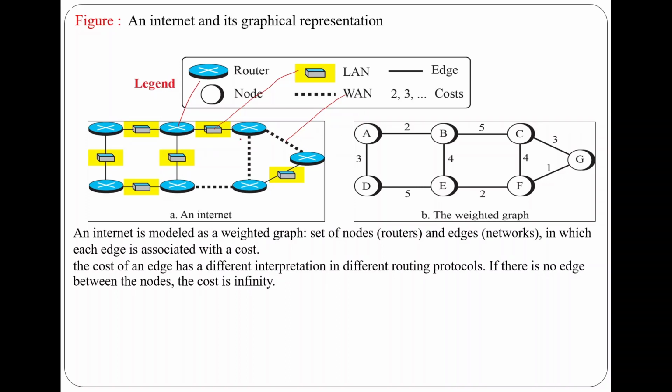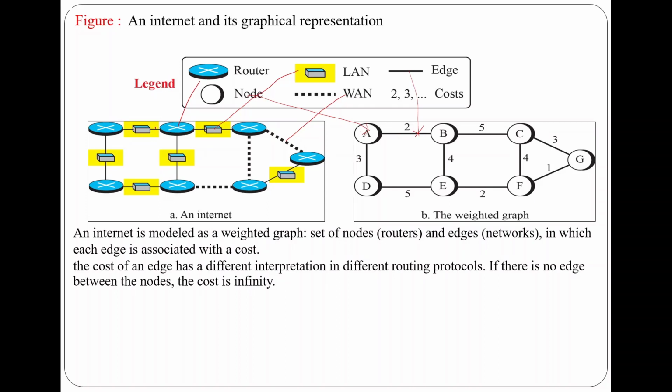The same kind of internet picture can be represented in graphical mode. In the graphical picture, every router is replaced with a node, indicated here, and every LAN connection is replaced by what is called an edge.